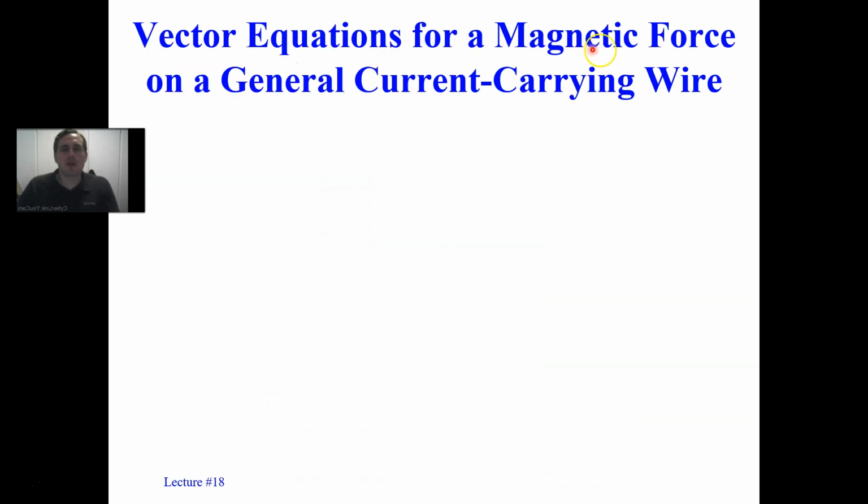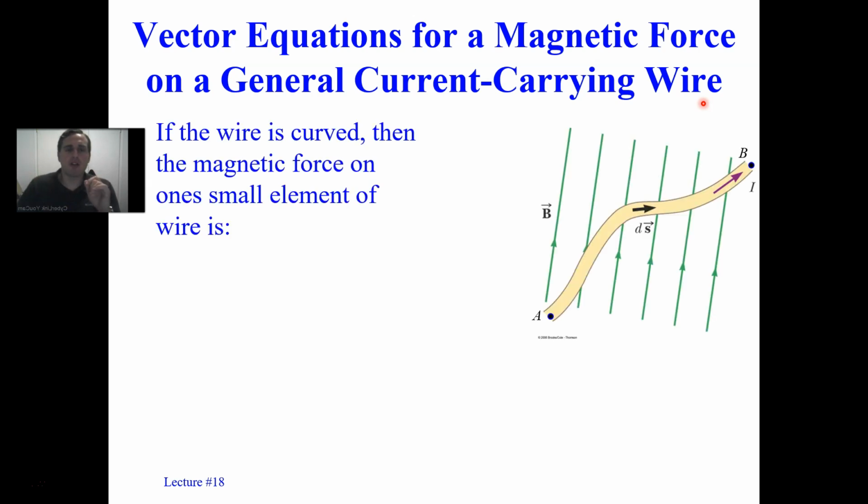How about the vector equations for a magnetic force on a general current carrying wire? When I say a general current carrying wire, imagine that a current carrying wire might not necessarily be straight. If the wire is curved, then the magnetic force is going to be due to a small element of wire.